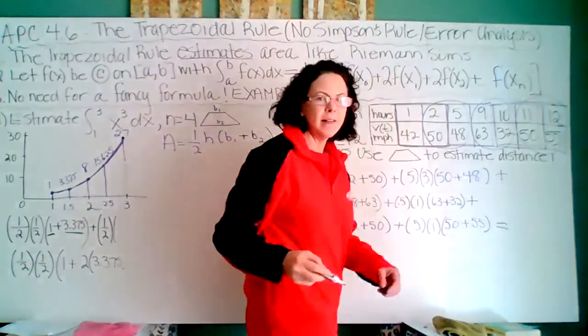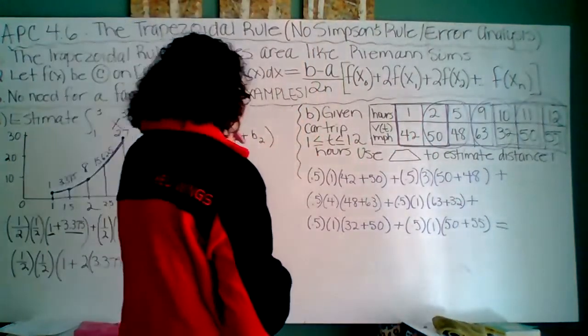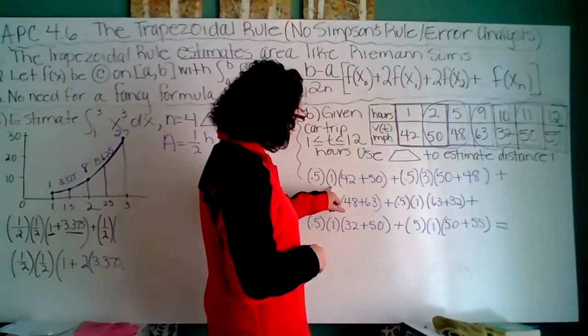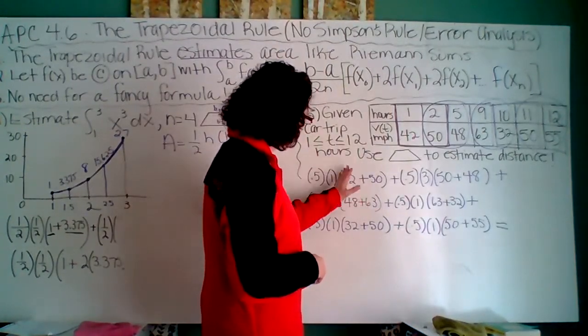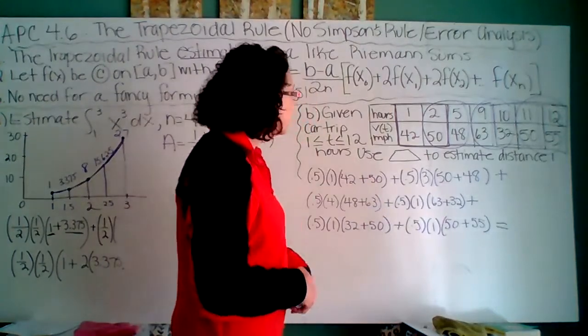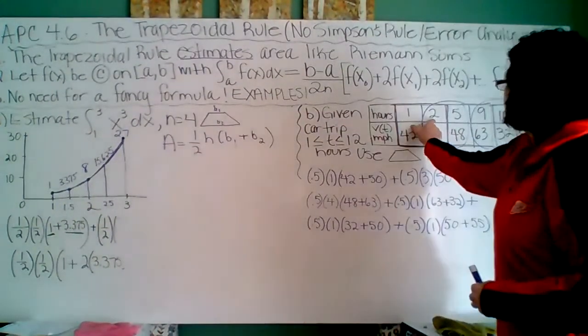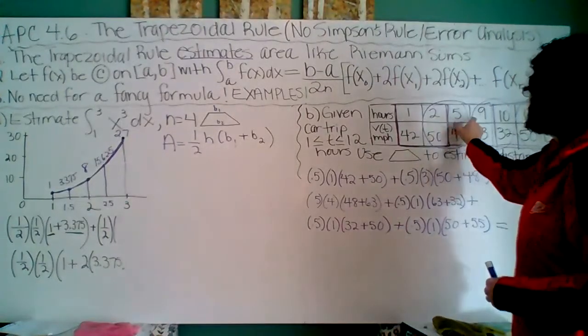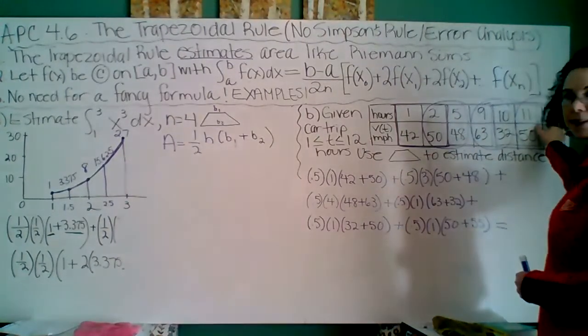So when you do all of this math, notice that the base is hours, and this is velocity. So miles per hour times hours will give you miles. And notice how many trapezoids we had. 1 to 2, 1, 2, 3, 4, 5, and 6.